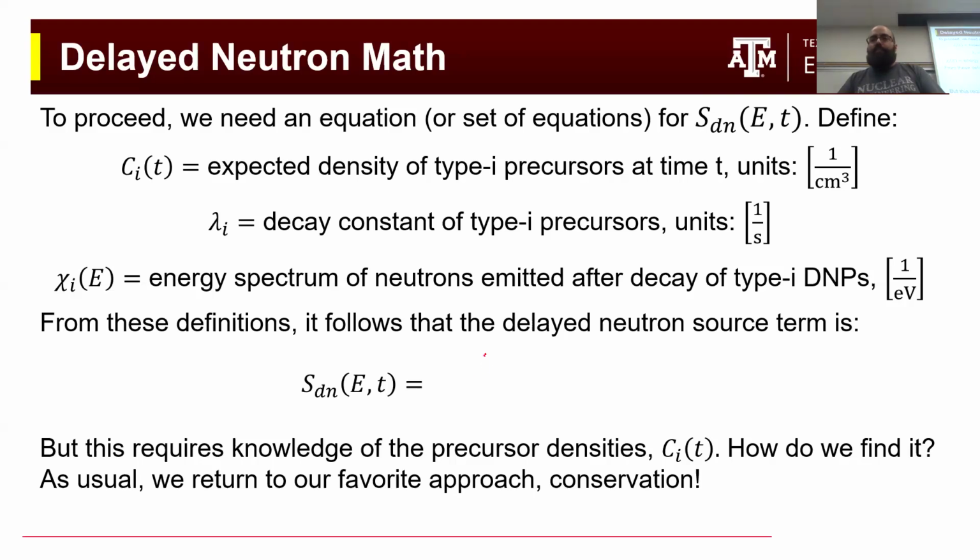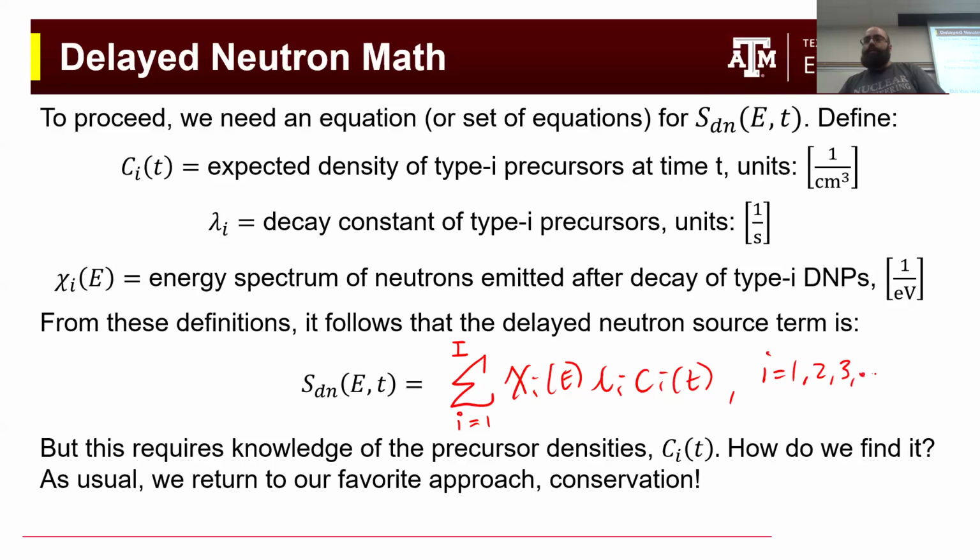So I'm going to have a big summation going from little i equals 1 to big I, and it's going to be the product of all of these quantities: chi sub I of E times lambda I times C sub I of t. This is for i equals 1, 2, 3, and so on, all the way up to I, where I is the number of delayed neutron precursor groups. So I'll say the number of DNP groups.